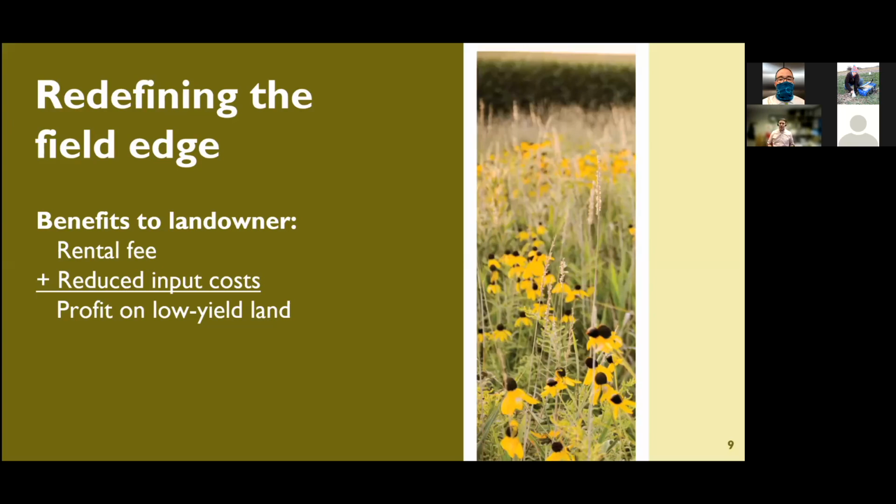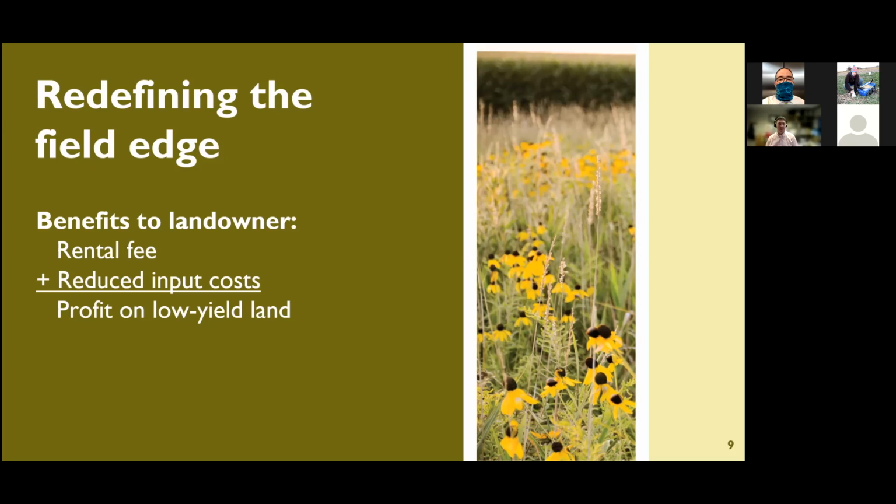So one of the approaches that we take in this case study is really looking at the benefits to the landowner. Again, from a holistic line of thinking, if you're in a landowner-tenant situation, now you have to start balancing what the rental fee is, that cost per acre on the tillable acres, on the landowner's side of it, as well as the tenant.